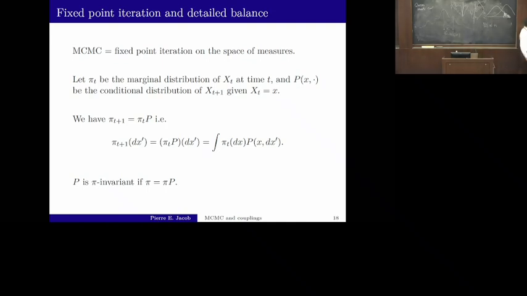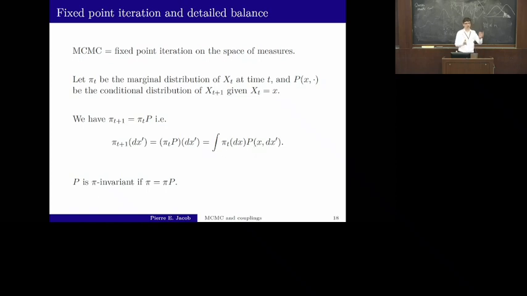Okay, so by definition we can write the marginal distribution after one step as what happens when you start from pi t and do one step with P. So in terms of integrals, the mass of pi t plus 1 around x prime, you integrate over what would have been the previous step. The previous step is around pi t, and then you need one step to arrive around dx prime. So pi t(dx) P(x, dx prime) here on the right is the joint distribution of two consecutive steps.